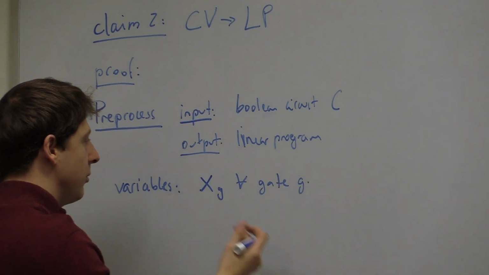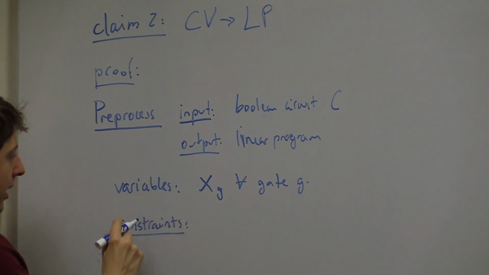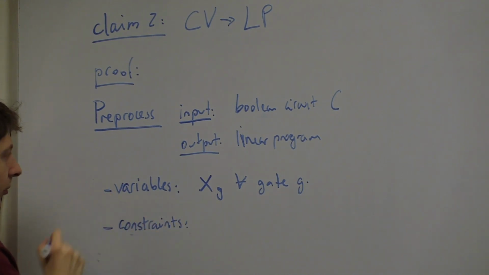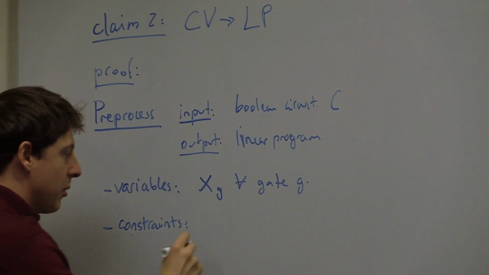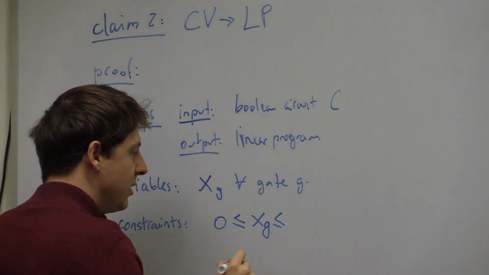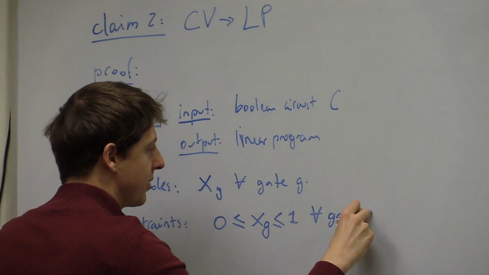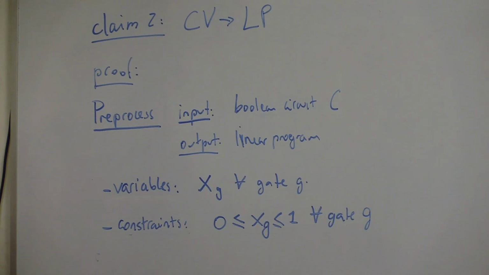For each such gate, we introduce a variable. Now for the constraints, the first thing we're going to do is put a linear constraint on every gate and say that its variable is between 0 and 1. Okay, so that's a linear constraint. I can write it down, that's okay.